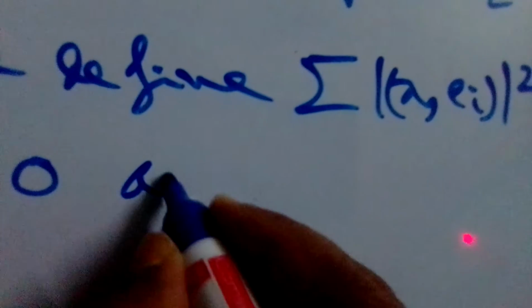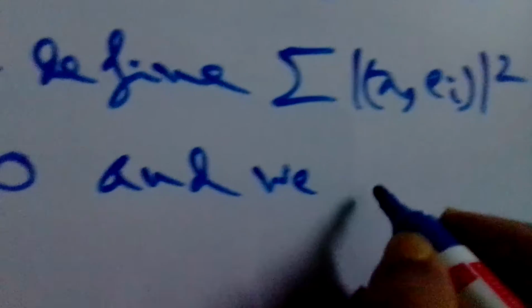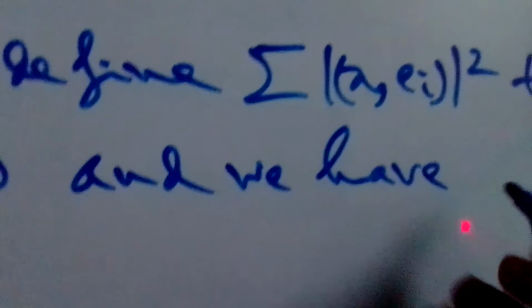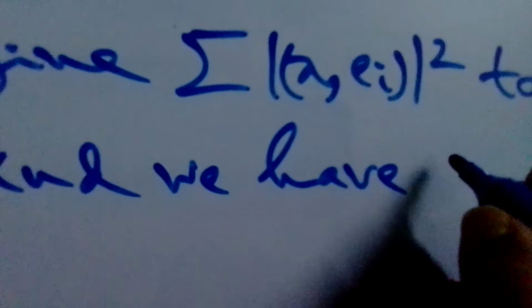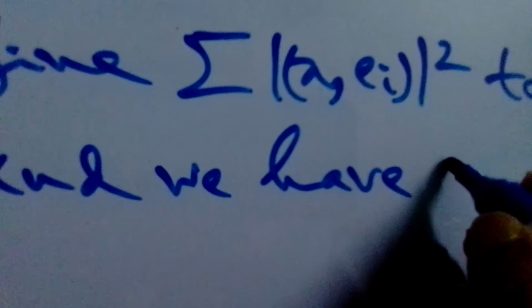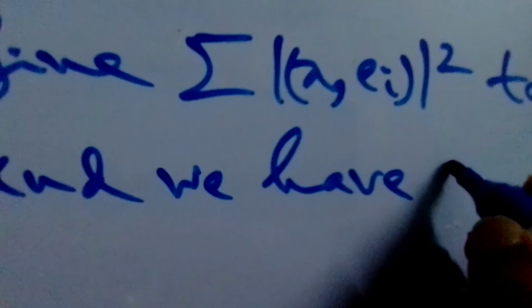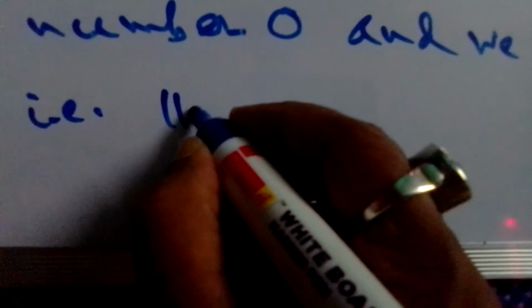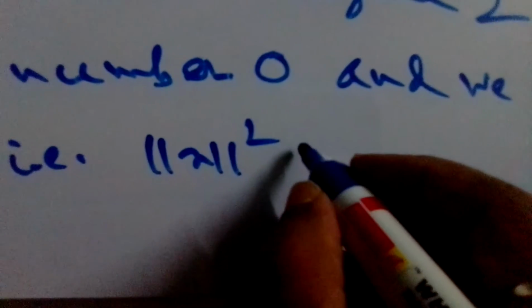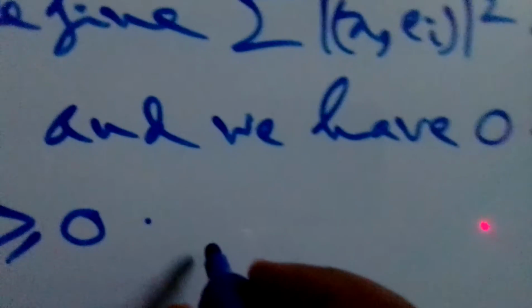and we have this result. That means it is a number, and we have 0 is less than or equal to the norm of x square, since the norm of x square is greater than or equal to 0. That is a non-negative property.